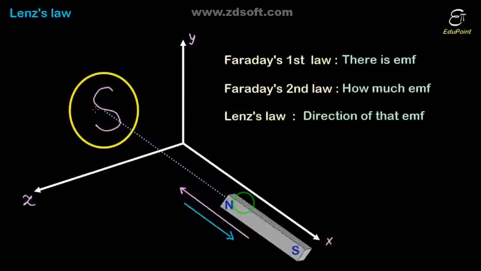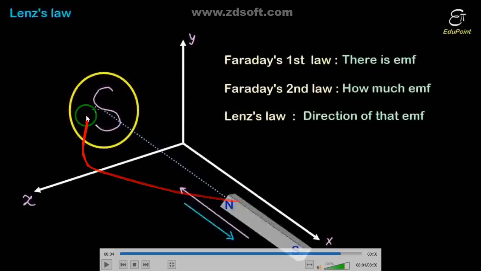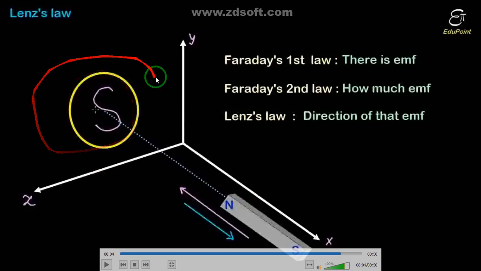So in this video we can conclude that the direction of induced EMF is determined by Lenz's law, whether it is moving in an anti-clockwise or clockwise direction, and the induced magnetic field in the coil opposes the magnet.